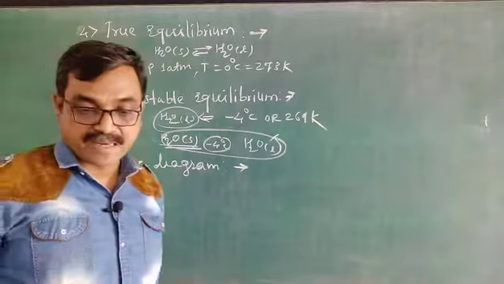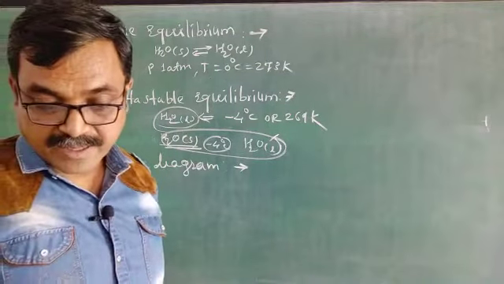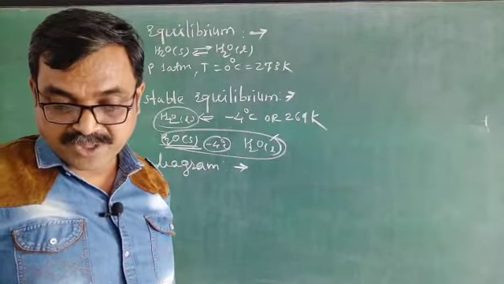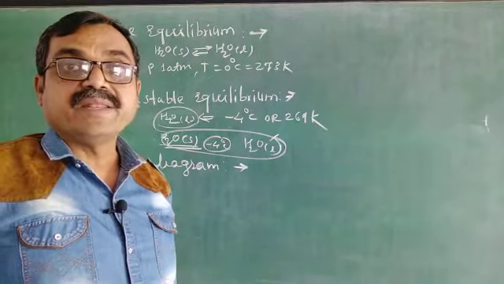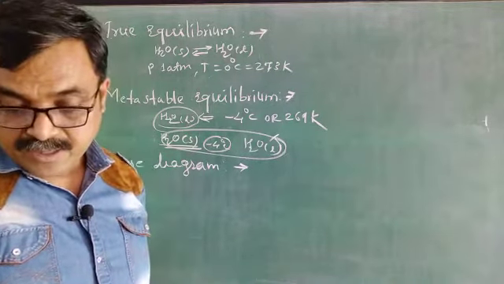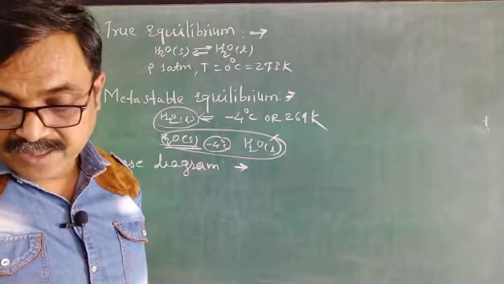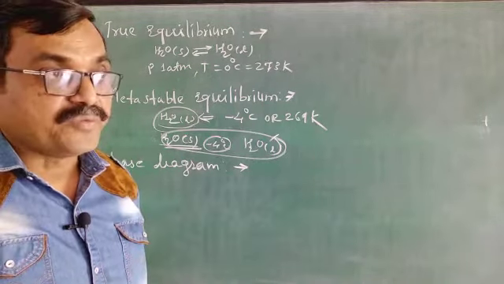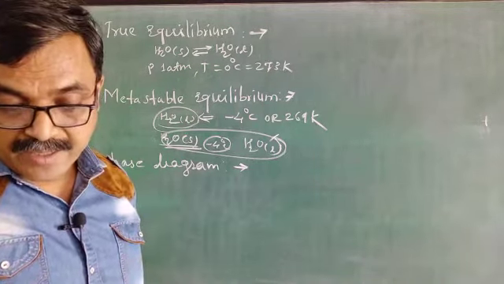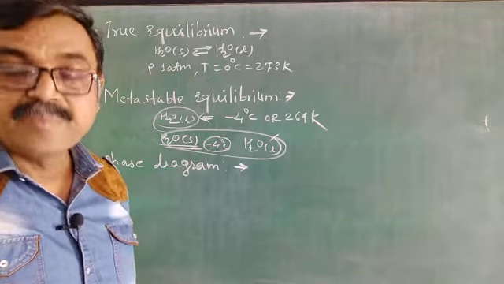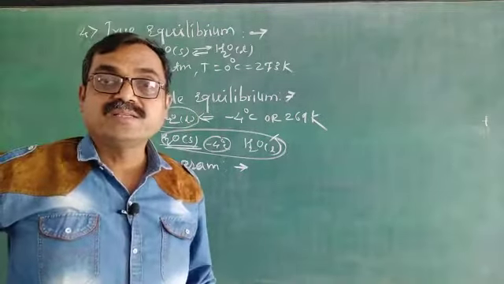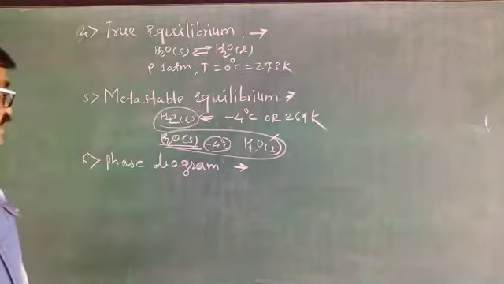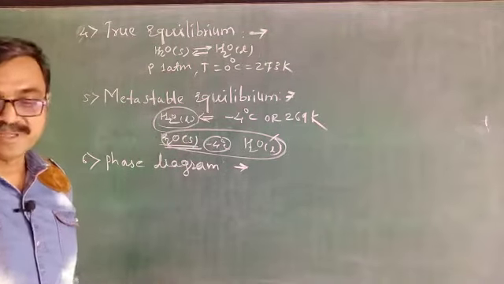Now the next point is the phase diagram. The condition of equilibrium of a system can be conveniently studied by means of the phase rule, using a diagram, and this is known as a phase diagram. What is meant by phase diagram?